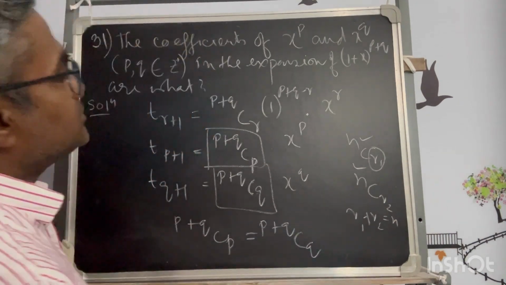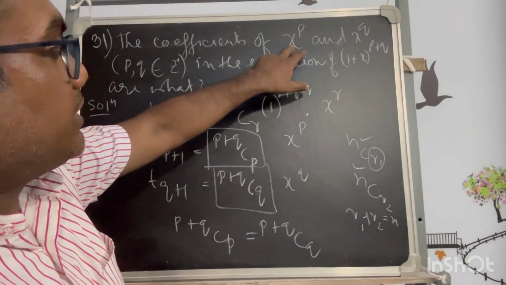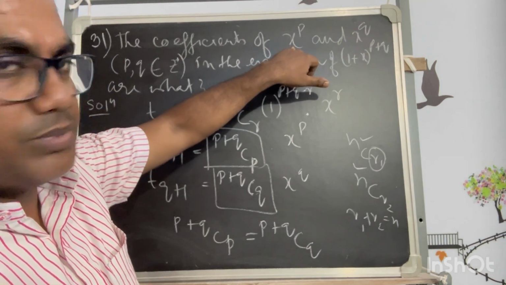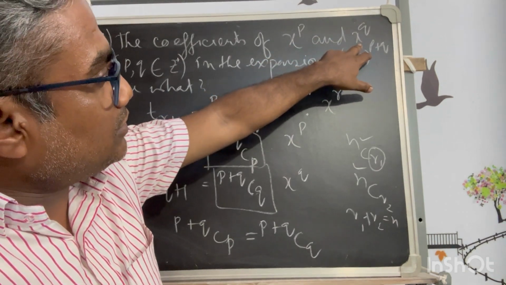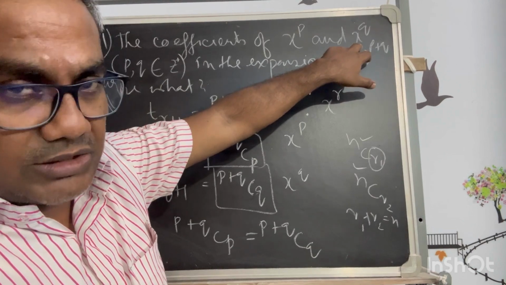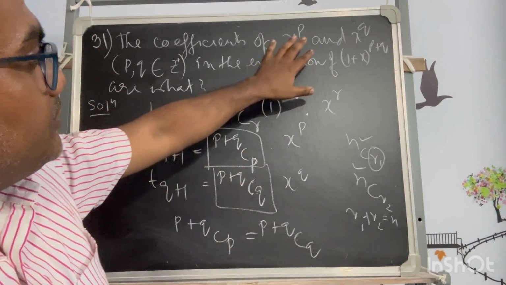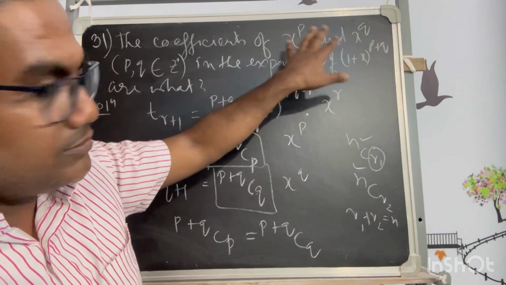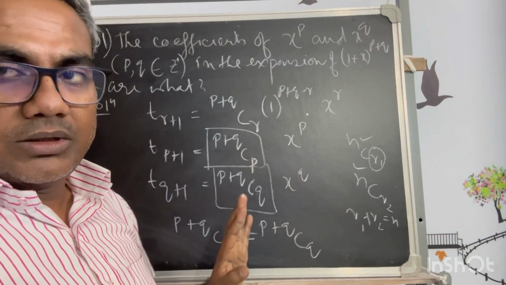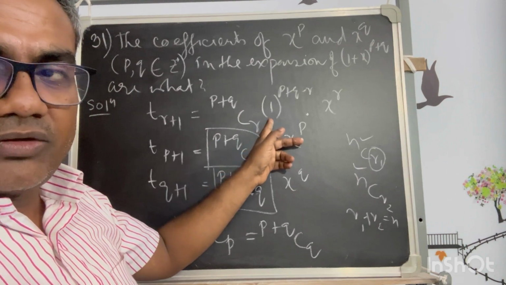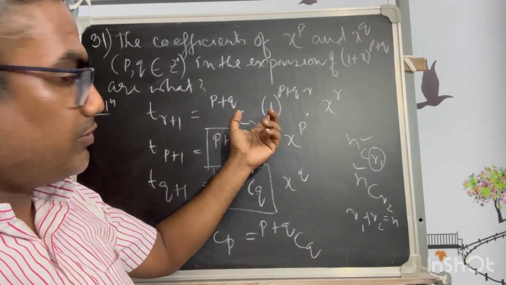C q. So that means the coefficient which is with x to the power p and the coefficient which is with x to the power q are equal. So the coefficients of these related terms are equal, because one does not change any value. Any power of 1 is 1.